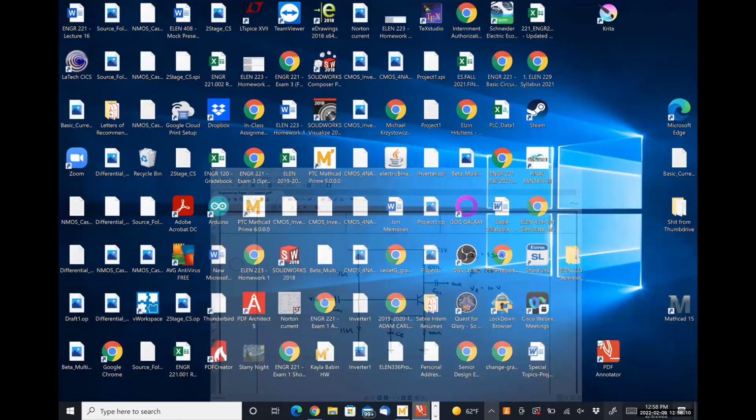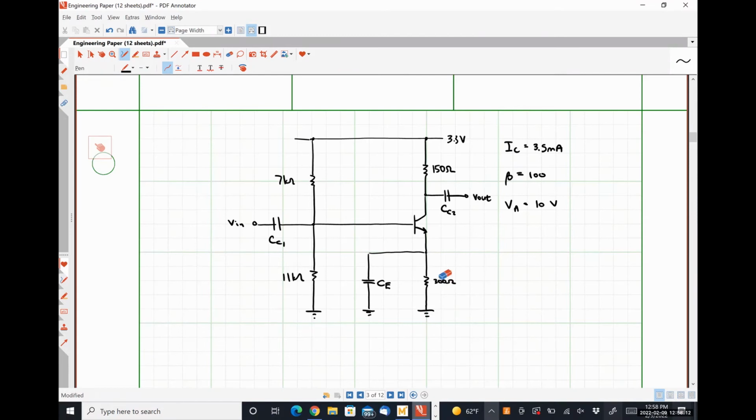Oops. 300 ohms. So 150 ohms for our collector resistance, 300 ohms for our emitter resistance, 7 kilo ohms for our resistor R1, and 11 kilo ohms for our resistor R2.